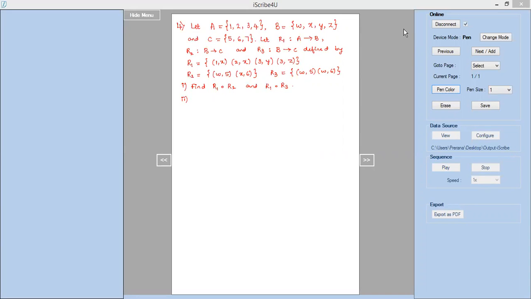Second sub question, find matrix of R1, matrix R2 and matrix R1 composition R2. The third sub question is verify matrix R1 composition R2 is equal to matrix R1 into matrix R2.